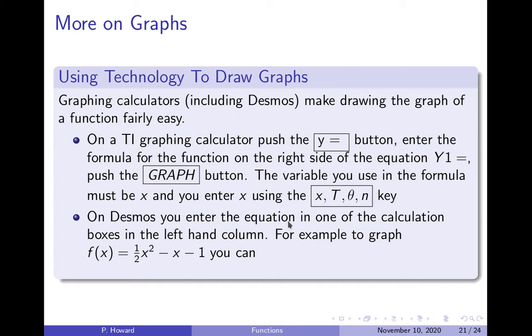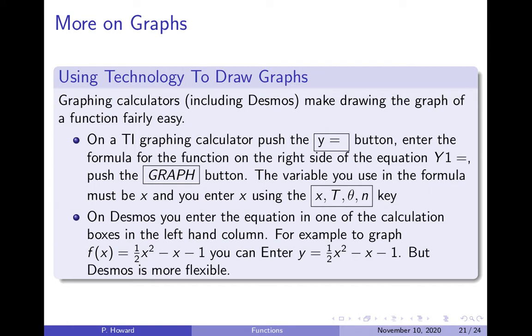So, for example, if you wanted to graph the function f of x equals 1/2 x squared minus x minus 1, you would enter in one of the calculation boxes y equals 1/2 x squared minus x minus 1, just as it's written here in the definition of f. So this would be one possibility for getting the graph of this function on Desmos.